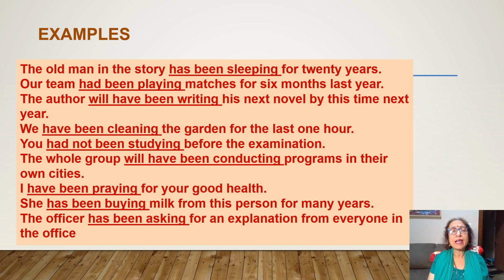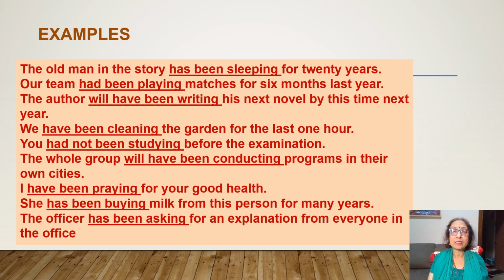The author will have been writing his next novel by this time next year. So we are not talking about this year, we are talking about the future. So an action which will continue and come to an end in the future, that is what we have here. The author will have been writing.